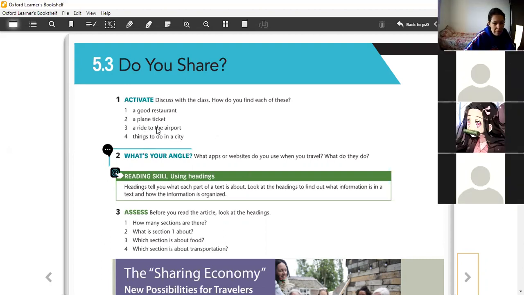I think from, what? Como que você. Tipo, site. On the internet. Or specific sites about shuttle. And things to do in a city. Tourist websites.